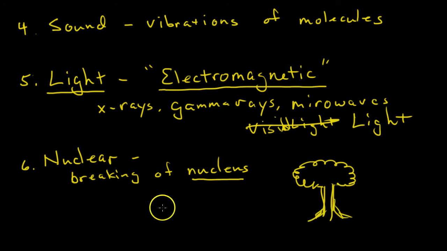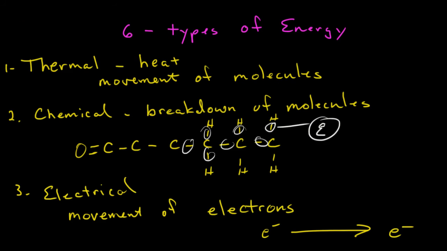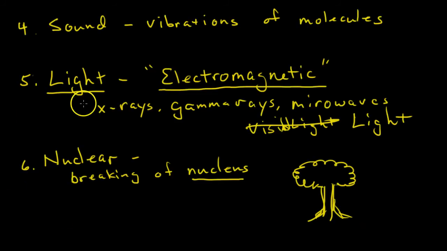All right, so in review, we have our 6 types of energy. Thermal, which is just heat, movement of molecules. Chemical is the breakdown of molecules. And I gave you this example of breaking down a piece of sugar, or just food in general. 3 is electrical energy, the movement of electrons. And then 4, sound energy, vibration of molecules.